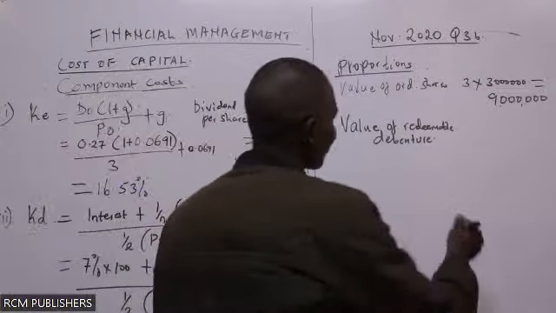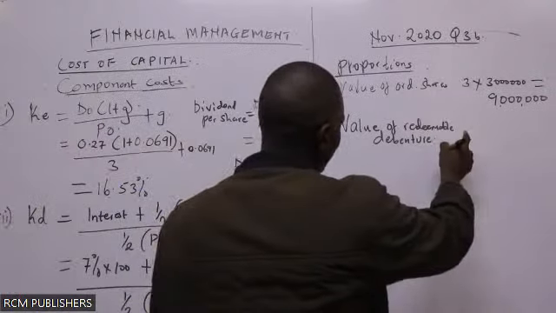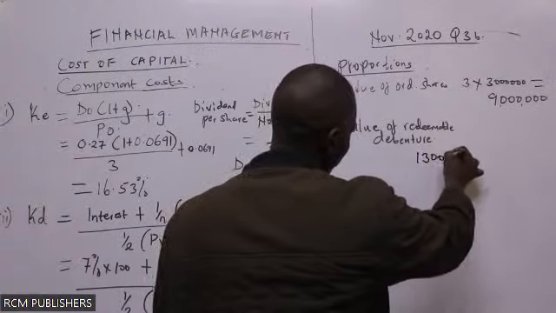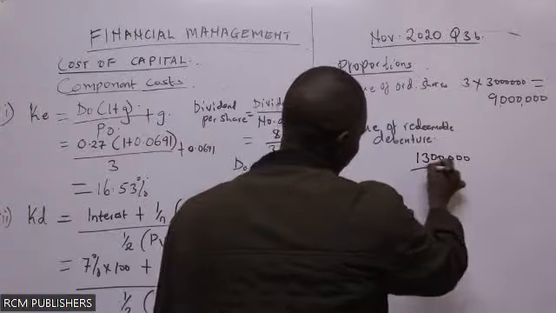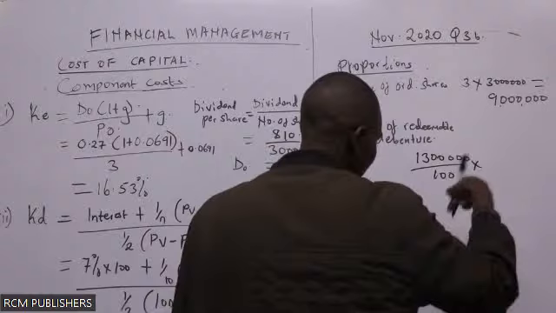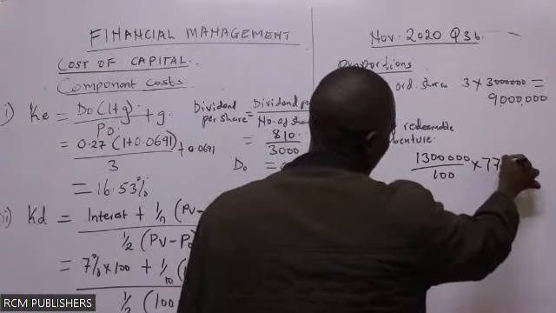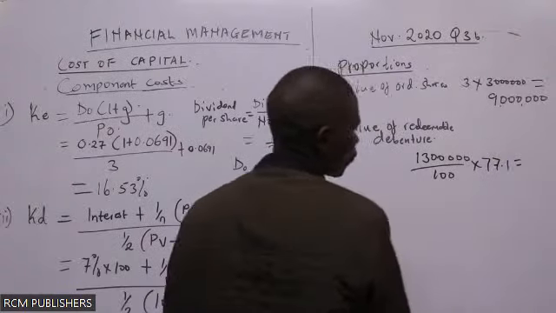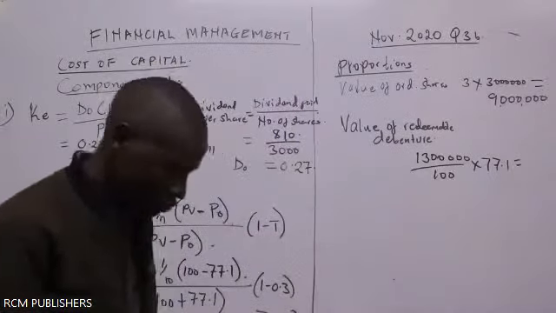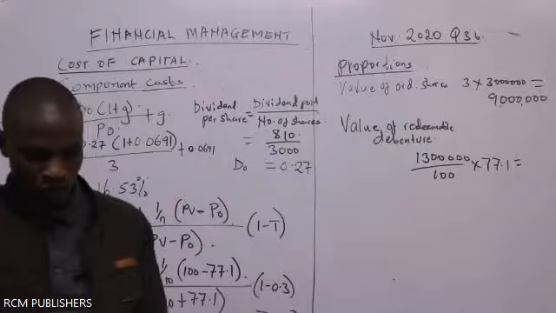Therefore, our value will be whatever we had, divided by the par value, multiplied by the current market price of 77.1. What am I going to get?